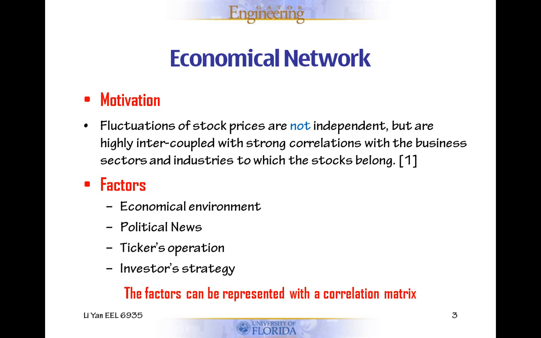The factors affecting the stock network include economical environment, political news, tickers operation, and also the investor's strategy and skills. However, the factors can all be represented with a correlation matrix.